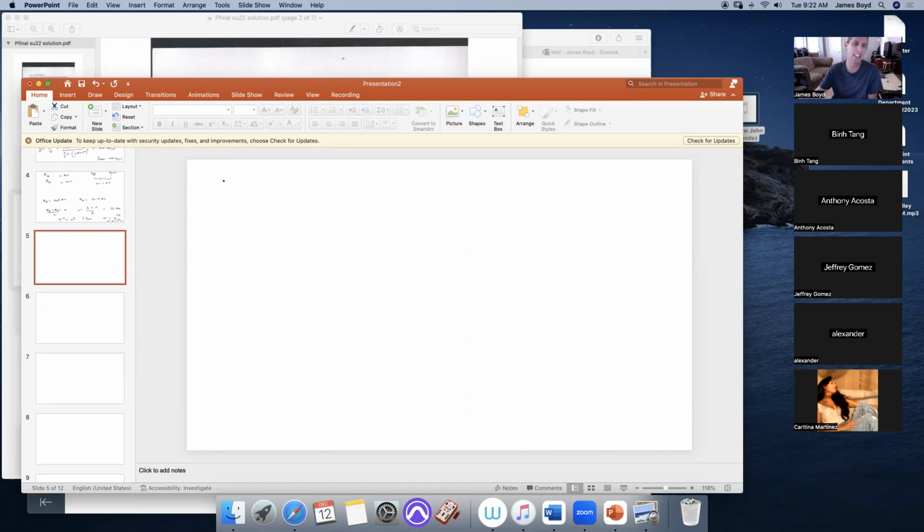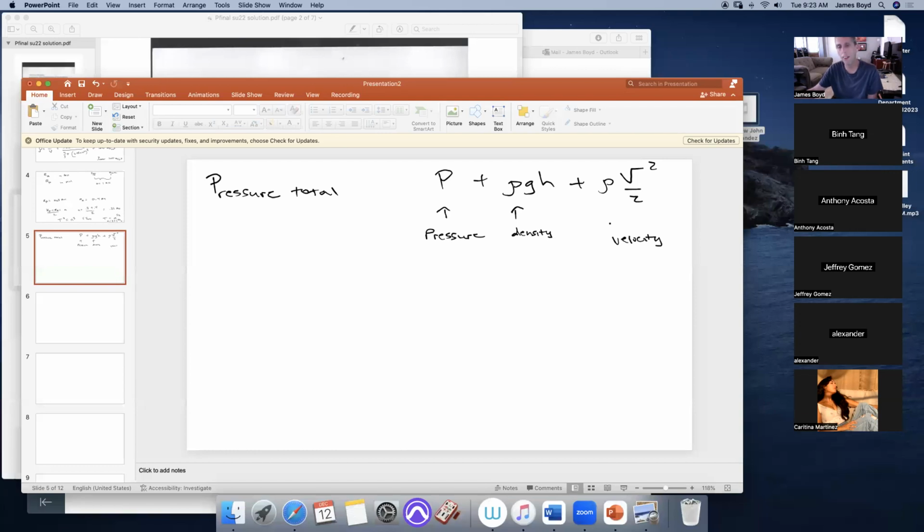And what Bernoulli's equation does is it tells you that the total pressure consists of 3 different pressures. It consists of a static pressure, it consists of a gravitational pressure, which is the density, so this is pressure, this is the density of your fluid, and obviously the height, and the density times the velocity squared. So this is the velocity. We call these the static pressure, the gravitational pressure, and the kinetic pressure.